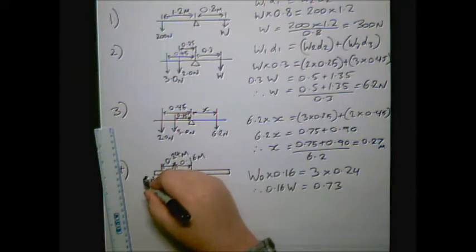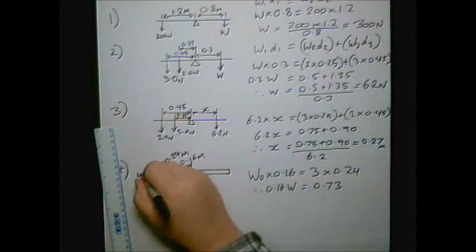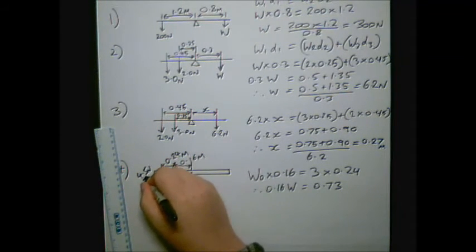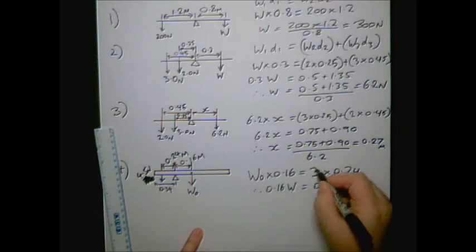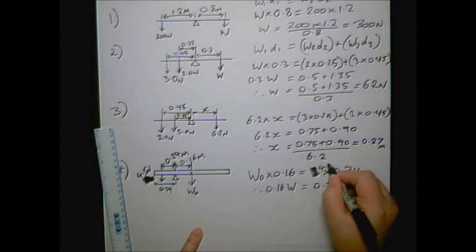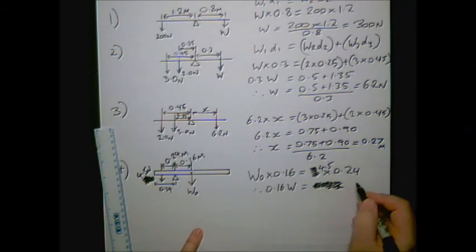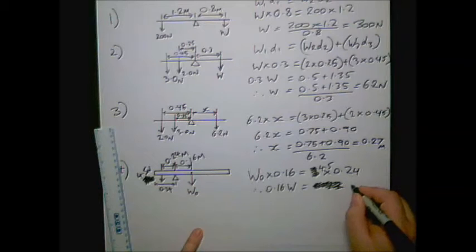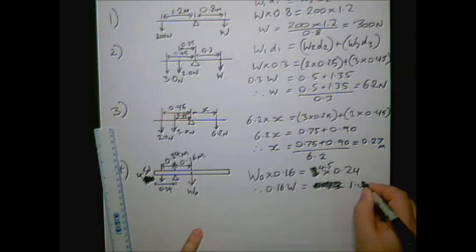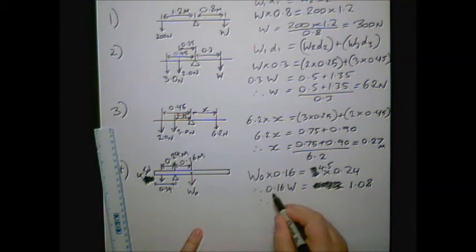I made a slight mistake, just noticed that. This is actually 4.5 newtons, which I didn't notice before. So we'll just make a correction here: 4.5. So 4.5 times 0.24, I think is 1.08, and then carry that over.